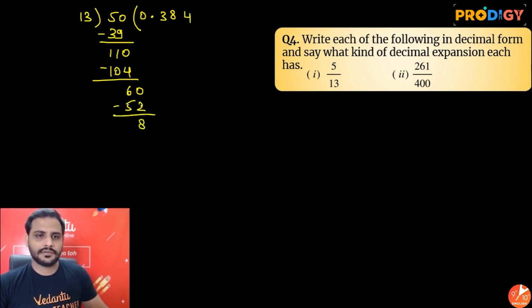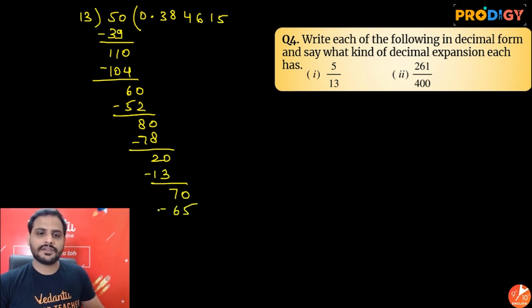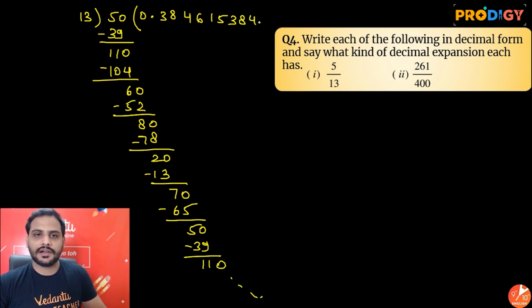Remainder 8. 13 6s are 78. Remainder 2. 13 1s are 13. Remainder 7. 13 5s are 65. Remainder 5. And now I know again this will follow. 3 times, minus 39, I will get 11. So again this will keep on going, and here also 3 8 4 6 1 5, 3 8 4 6 1 5 will keep on going.